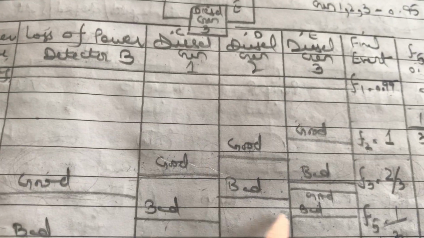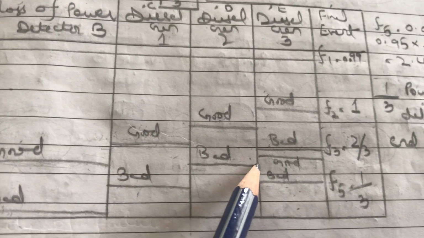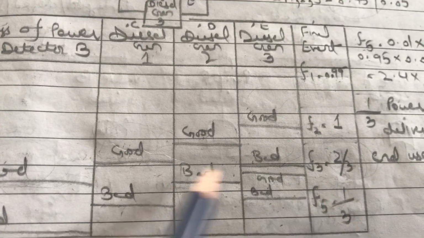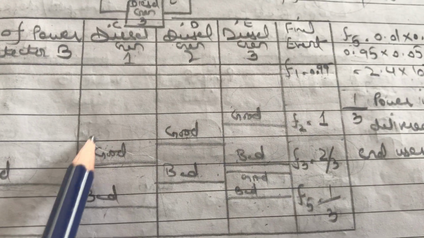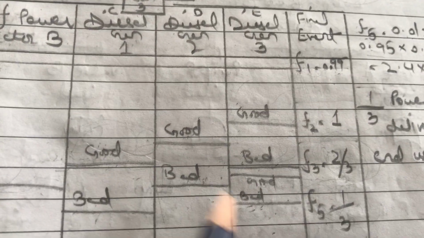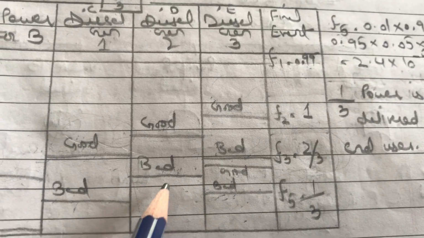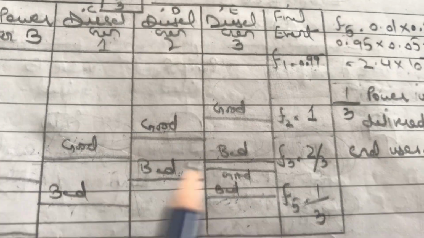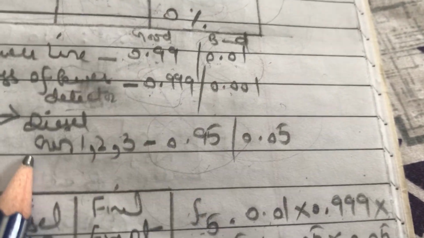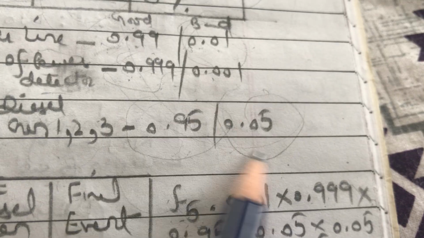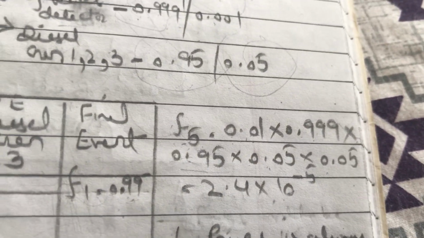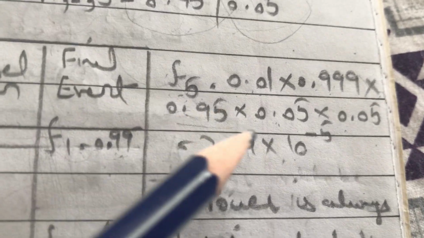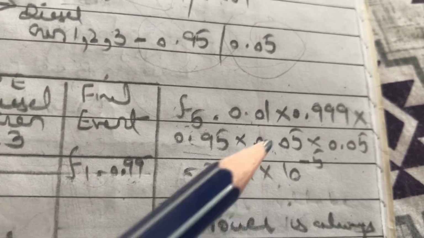Now the fourth one. You remember, for F5 we have only one diesel generator working, that is this one, and the other two are failed, so that's why we wrote 1/3. Diesel generator 2 and diesel generator 3 are both in the bad condition. For the bad condition we have 0.05, so that's why we write 0.05, 0.05. I'm doing it a little bit fast, so I hope you are not missing anything and everything is clear.